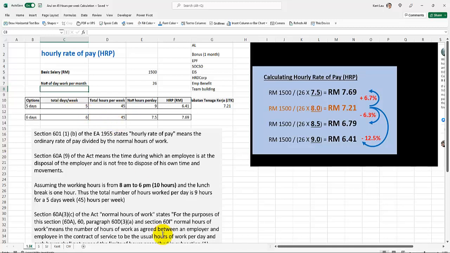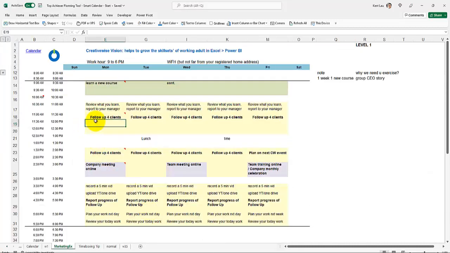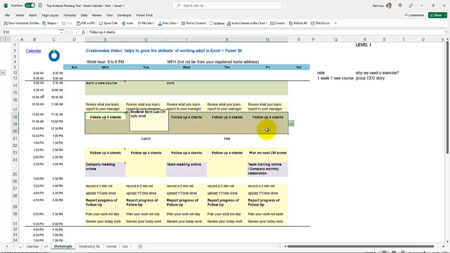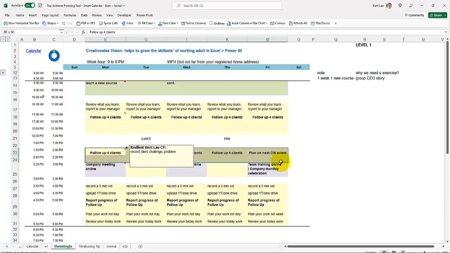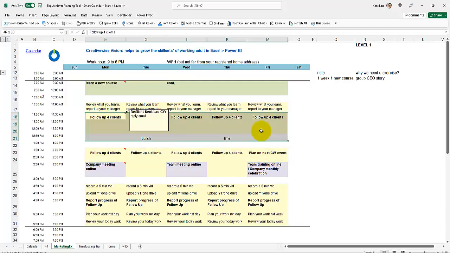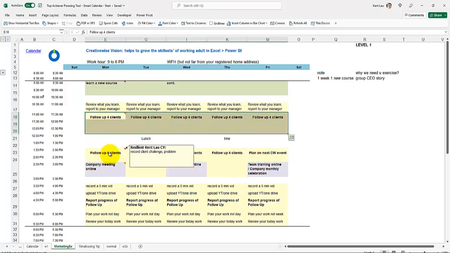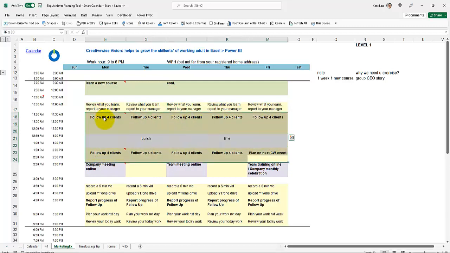For example, I already spelled out that you need to follow up 4 clients within this time frame. If you meet 4 or 5, you are a high performer. But that doesn't mean you don't do the rest, so separately you need to follow up about 8 clients, 8 times 5, that's about 40.